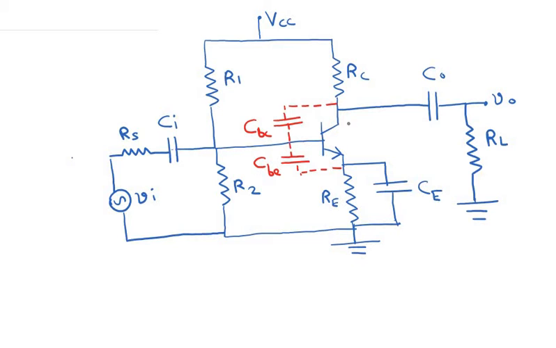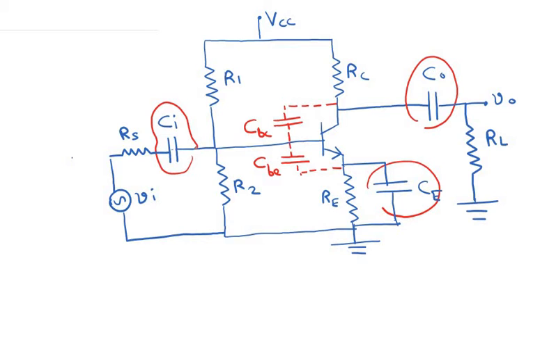So I repeat again that the capacitance C0, the capacitance CE and the capacitance CI are the capacitors which are externally or intentionally connected to the transistor to get some properties.